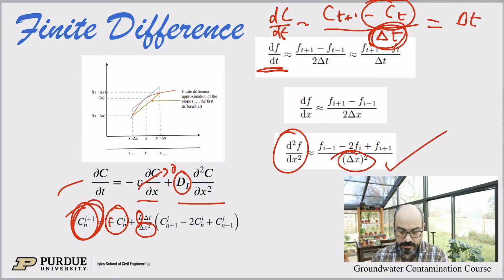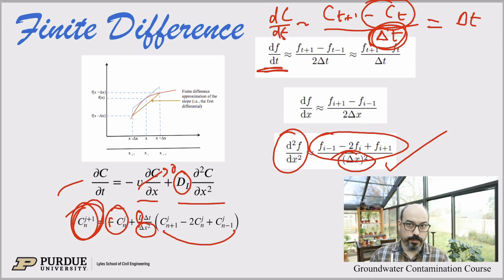This is that second differential here, delta x squared. And then this is the value at the space before, minus 2 times the value here, plus the value at the next space. And again, this is in 1D, just considering x.